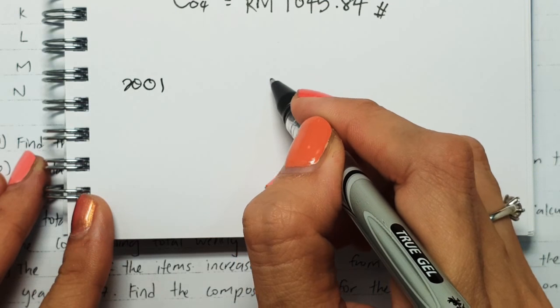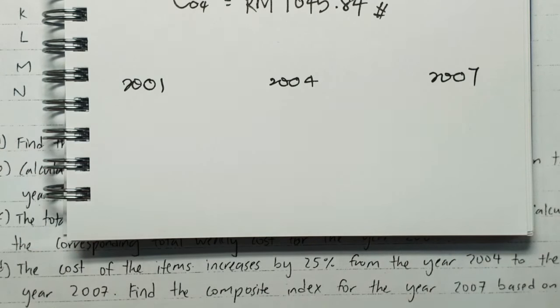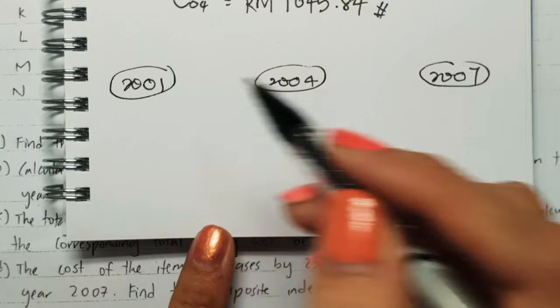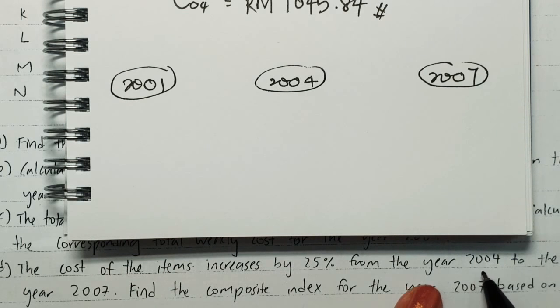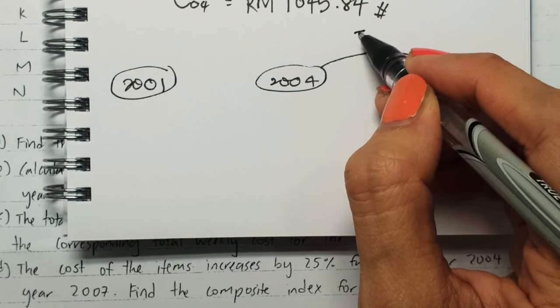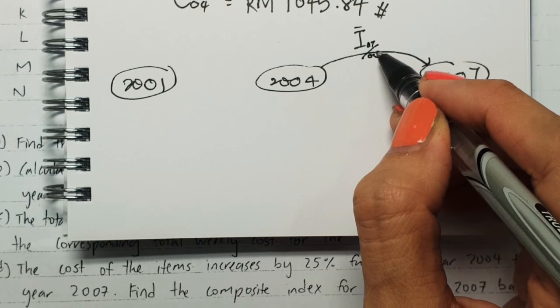So we have 2001, 2004, and then 2007 as our year that we use to compare. And then from year 2004 to the year 2007 increased by 25%. So take this as our base year. We will have the composite index, 2007 over 2004.